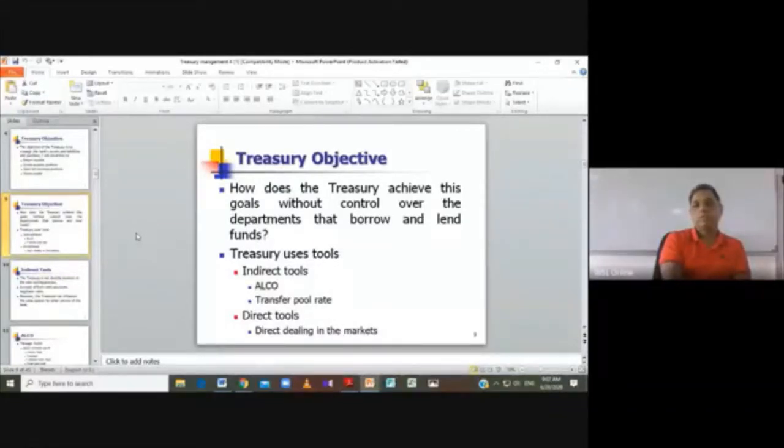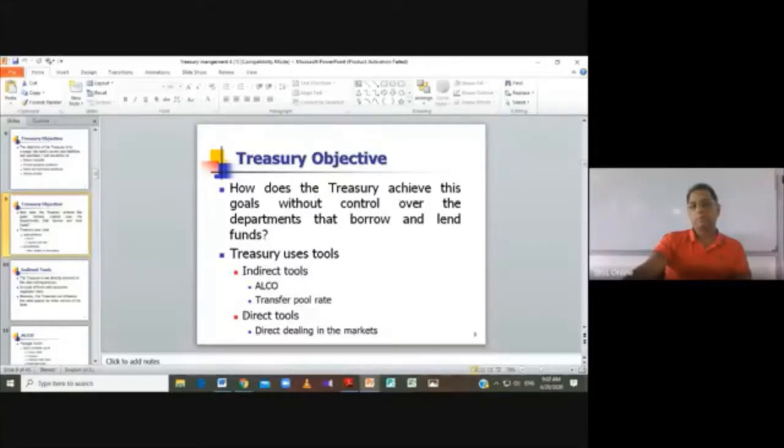So how does the Treasury achieve this goal without control over the departments that borrow and lend funds? Basically, the tools that the Treasury uses, without getting involved with the borrowing arm or the lending arm of the bank, fall into two broad areas: direct tools and indirect tools.